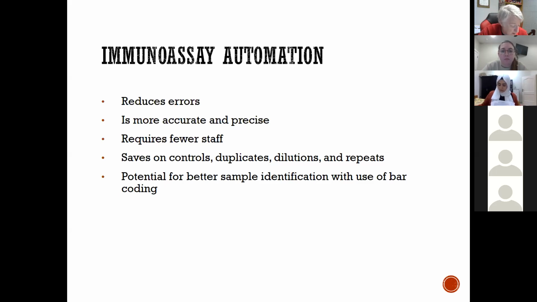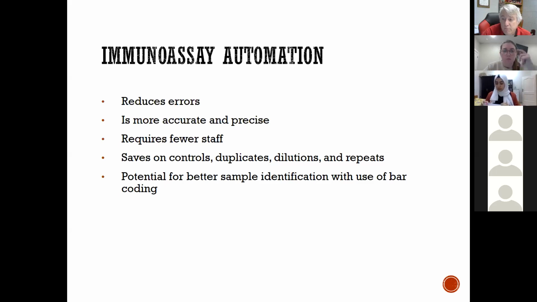ASO, ANA, mono, strep A, RPR, rheumatoid factor, flu, Lyme, and H. pylori. So that's about what? 1, 2, 3, 4, 5, 6, 7, 8, 9, 10 things.